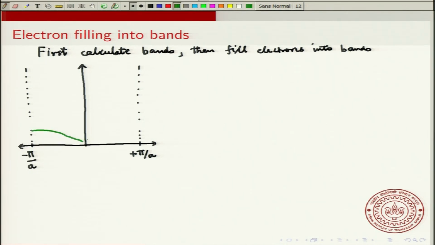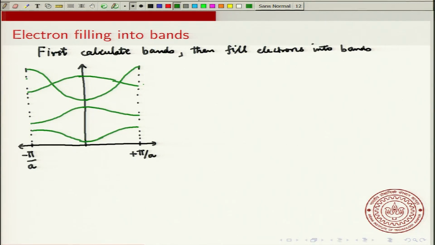Let us say you have something that looks like this. I am just showing a few bands.